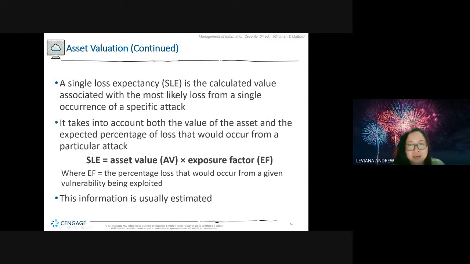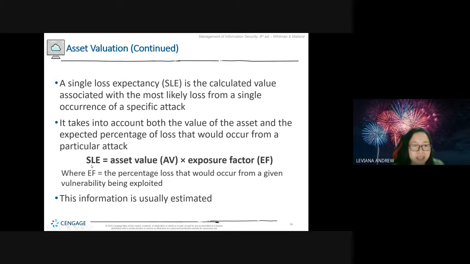What is SLE? It is the calculated value associated with the most likely loss from a single occurrence of a specific attack. It takes into account both the value of the asset and the expected percentage of loss that would occur from a particular attack. Okay, for each attack, SLE will calculate how much one attack equals in single loss expectancy.